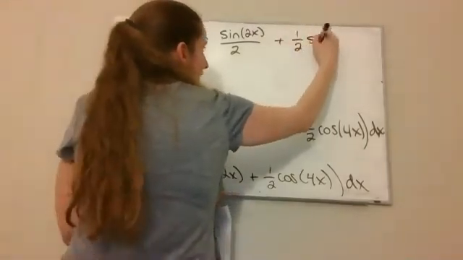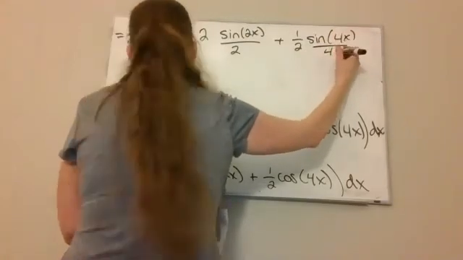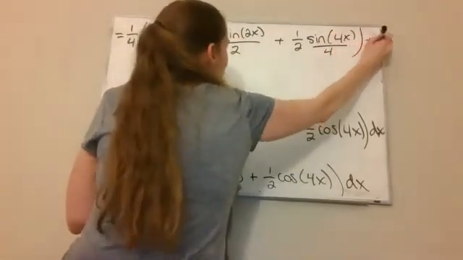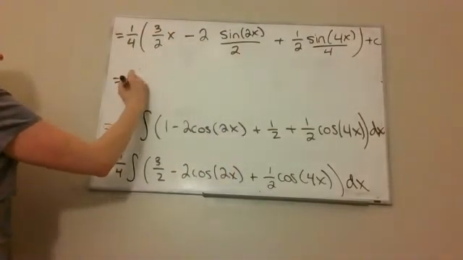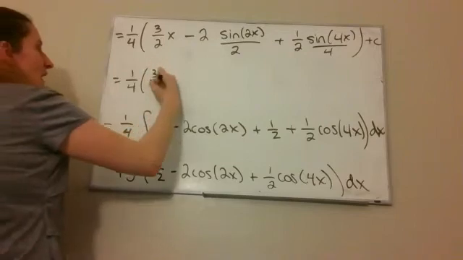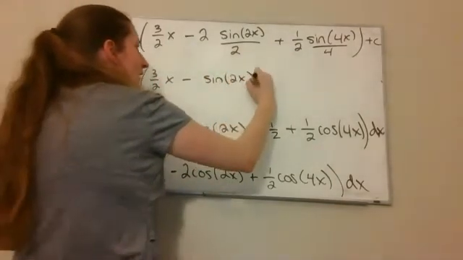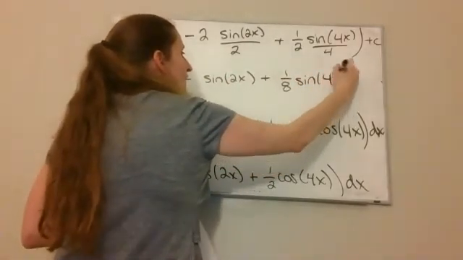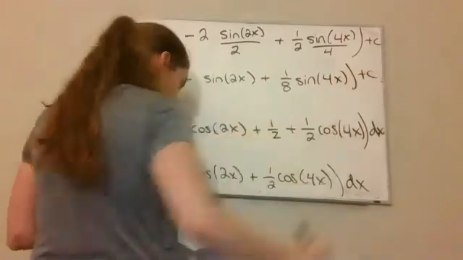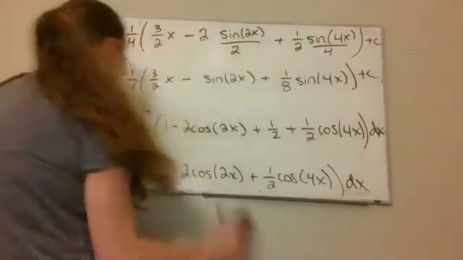I'm going to have a sine of 4x, but I have to divide it by 4 using, again, that little u substitution. Simplifying this so it looks a little more normal, I have a 3/2 x minus a sine of 2x plus a 1/8 sine of 4x plus my c. And all of that is still multiplied by 1/4.